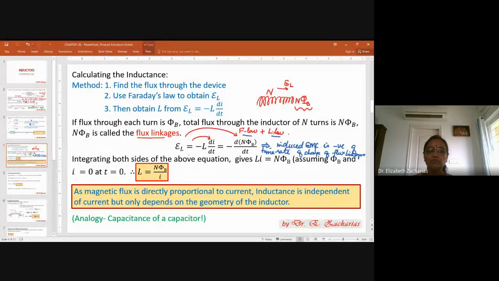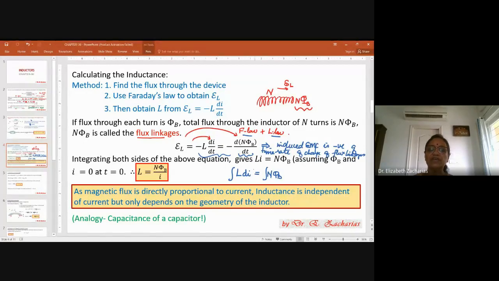What you now have to do is integrate with respect to time. L di will be equal to n d phi b. L di comes from here. Now do an integration.